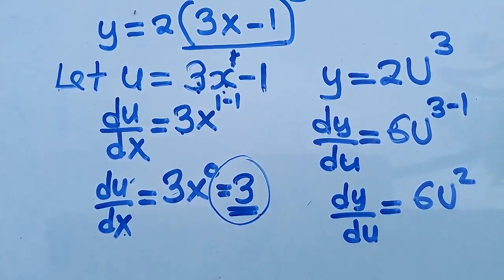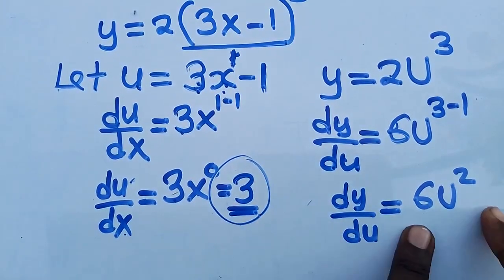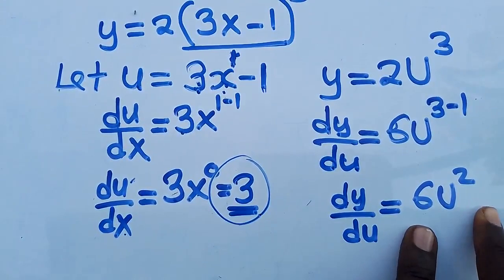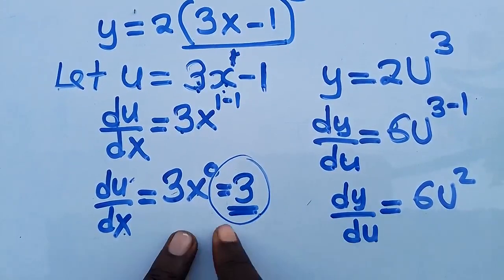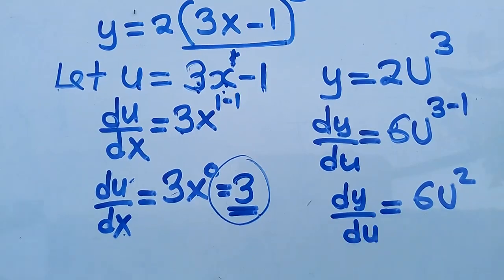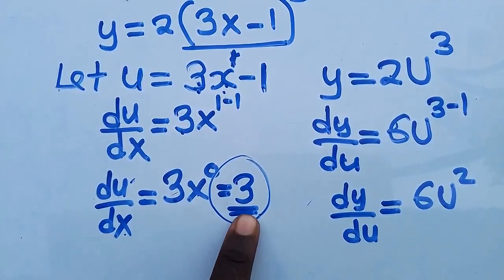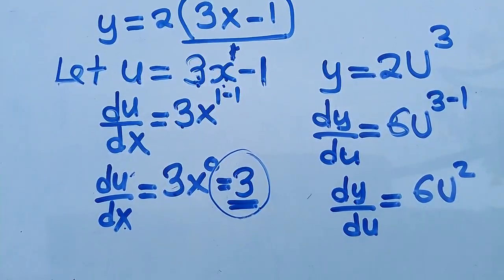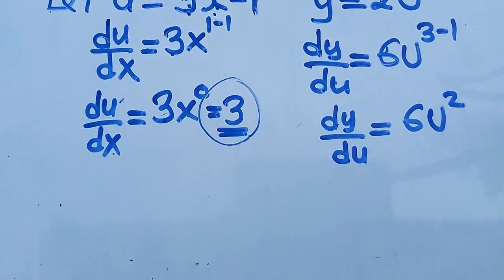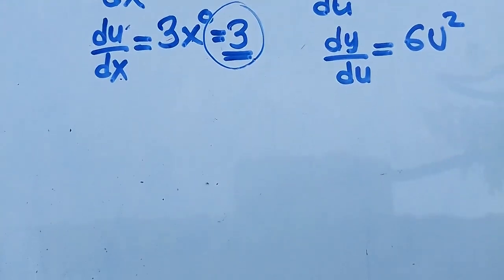So these are procedures that you need to do. I've got this answer, and I also have the other answer. So these are the two answers that I'm having. After you find these two answers, then you write the formula.